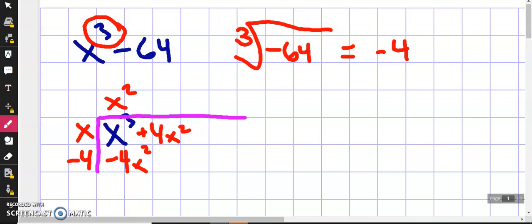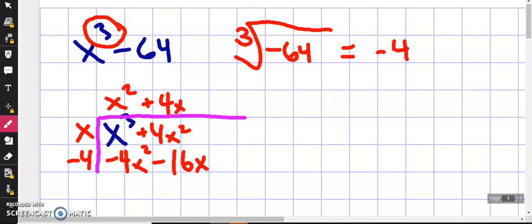So in terms of my factoring, I need a 4x on top to go with the x to make 4x squared. I notice that negative 4 and positive 4 will multiply to a negative 16x.